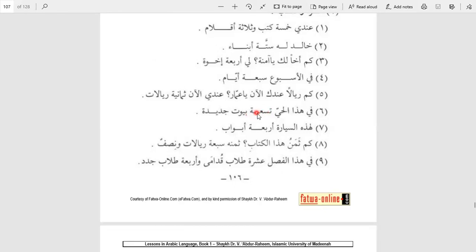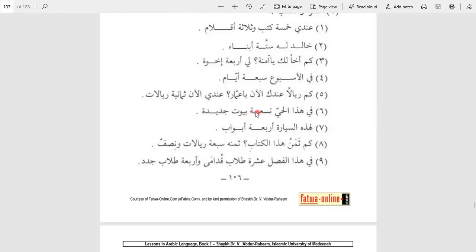You can read it first and see if this is feminine or masculine. Tis'atu buyutin jadidatin. You will learn about this. Why buyutun jadidatun? I want you to see something here. Tis'atu, which is 9 houses.